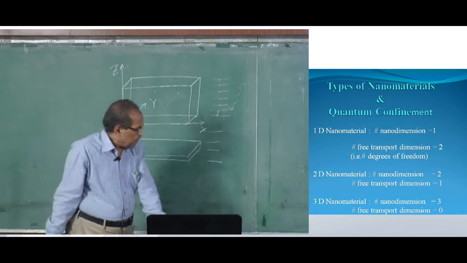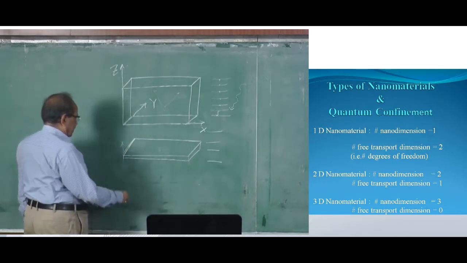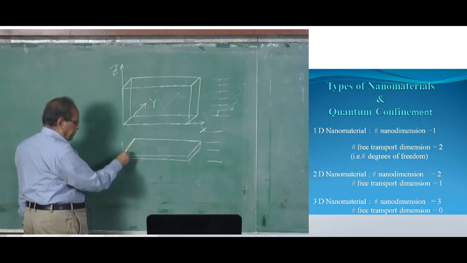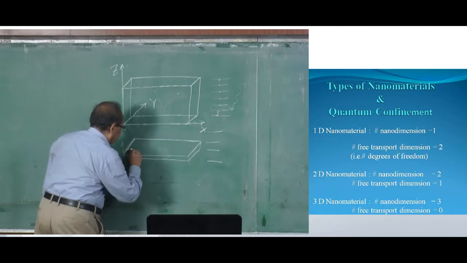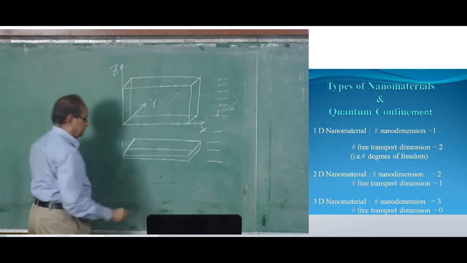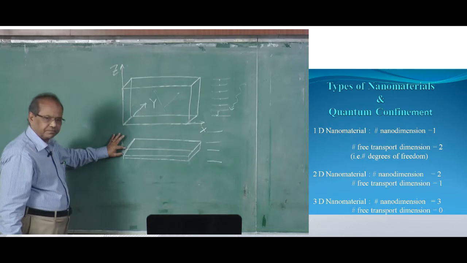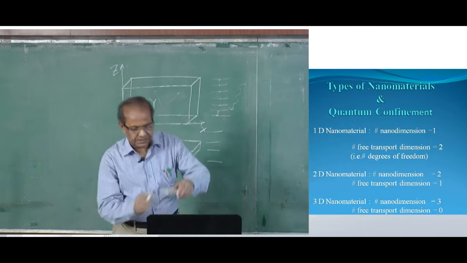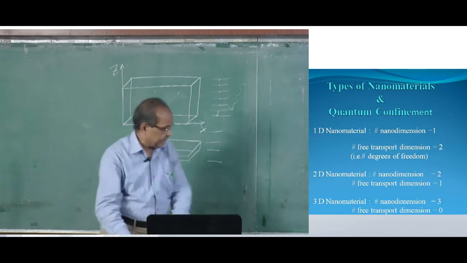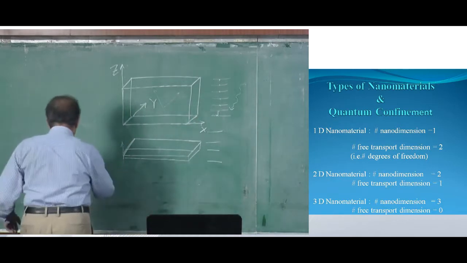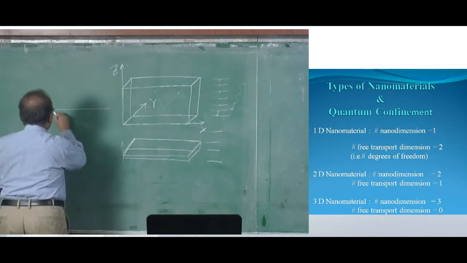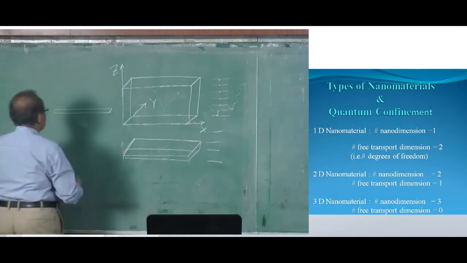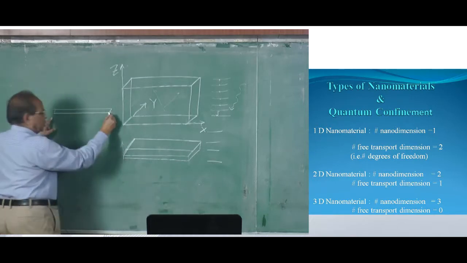Similarly, say I am taking the y direction, which was very big, and it is now coming to a very, very low value. See, this is x, y, z. Only the x direction is long.